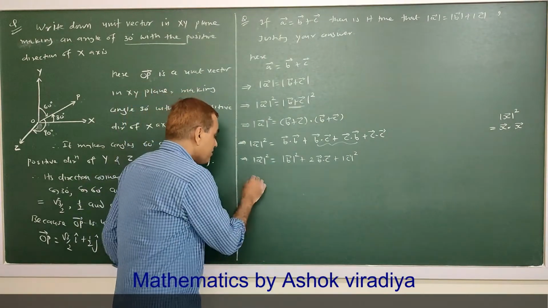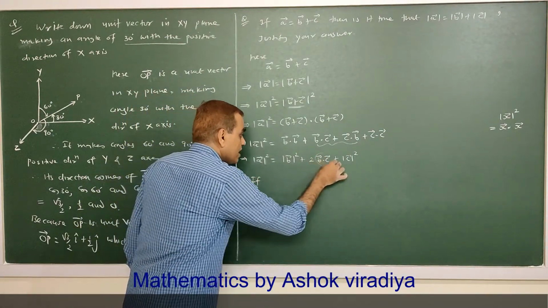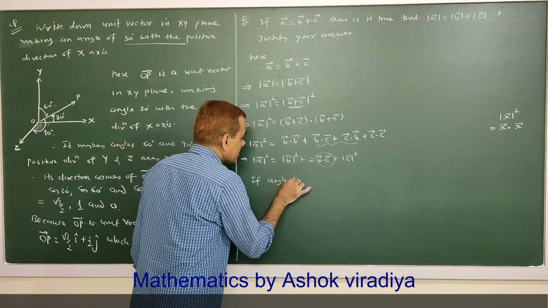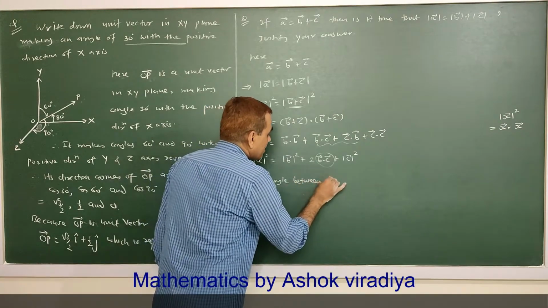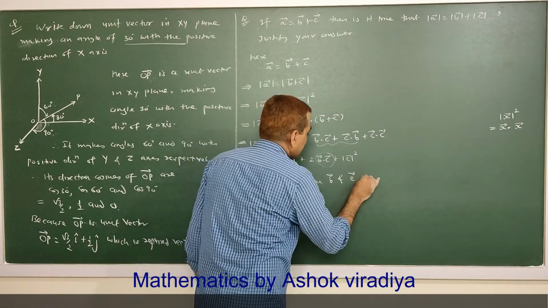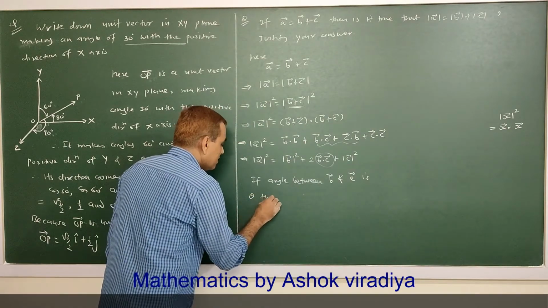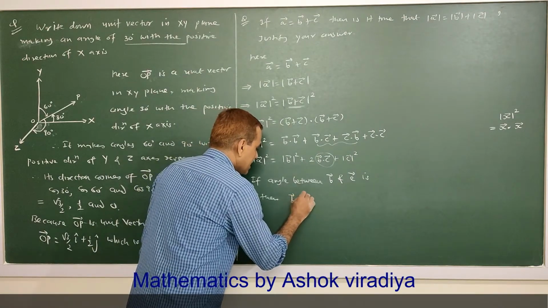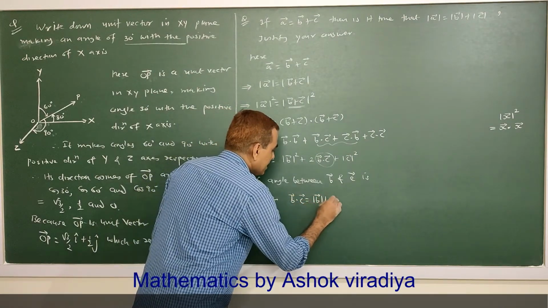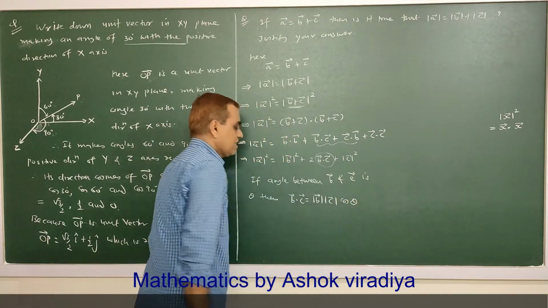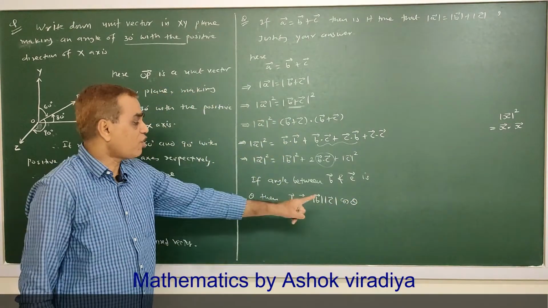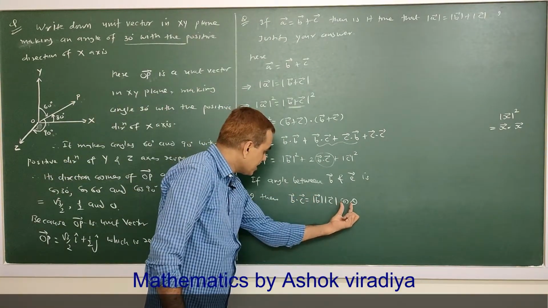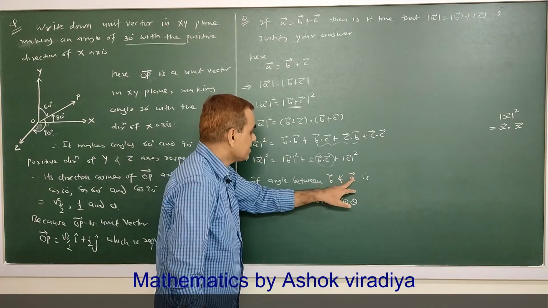Now if angle between vector B and vector C is theta, then B dot C can be replaced by magnitude B magnitude C cos theta. It is from the definition of dot product.